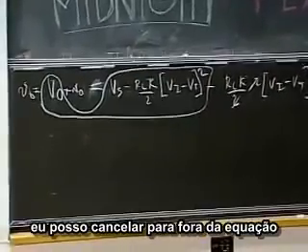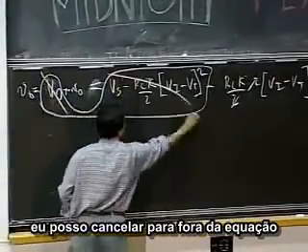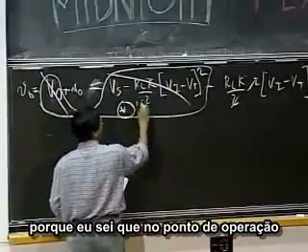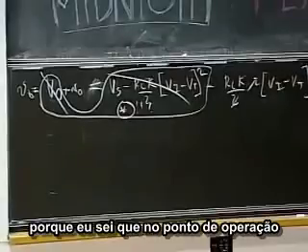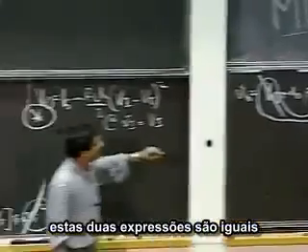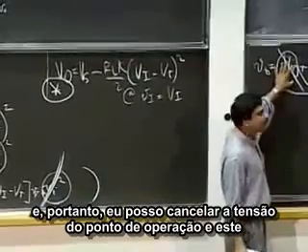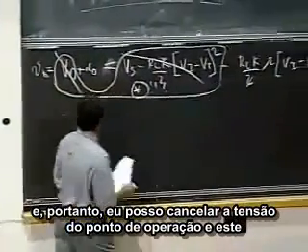From star, I can cancel this out, because I know that at the operating point these two expressions are equal, and so I can cancel out the operating point voltage and this.